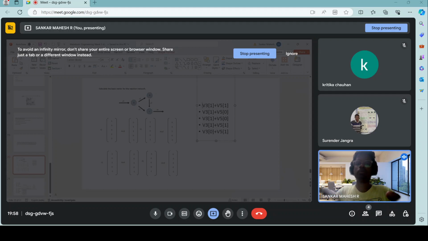This is nothing but V1, right? Now if we have to draw and see if this is right, how we do it is V1 is equal to V3 plus V5.